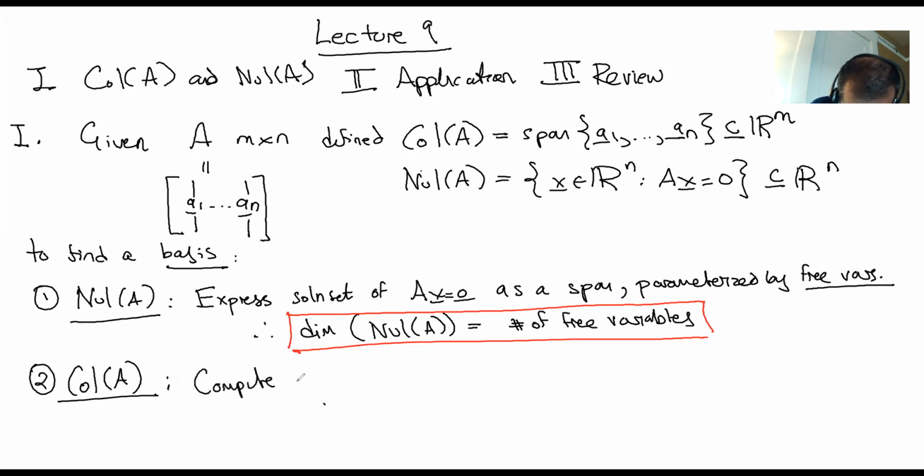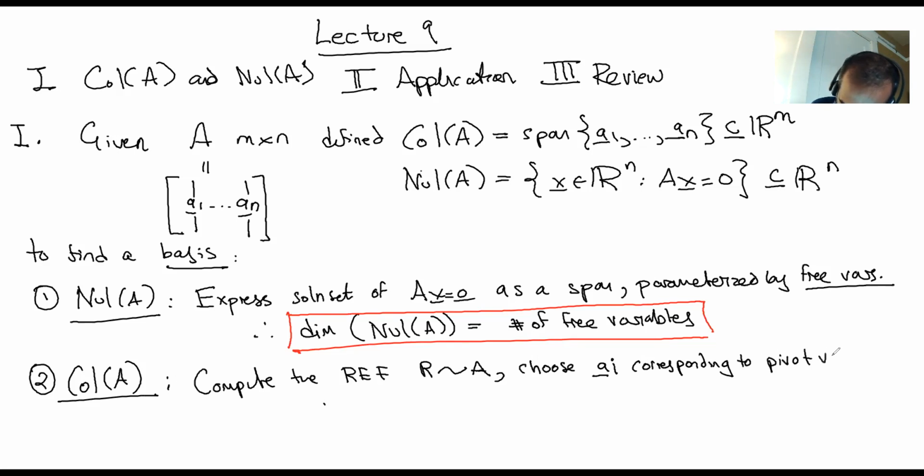Compute the row echelon form R of a row equivalent to A. Then you just choose the columns of A corresponding to the pivot columns of R, corresponding to pivot variables. We gave an explanation for why this works at the end of the last lecture, but the algorithm is quite simple.